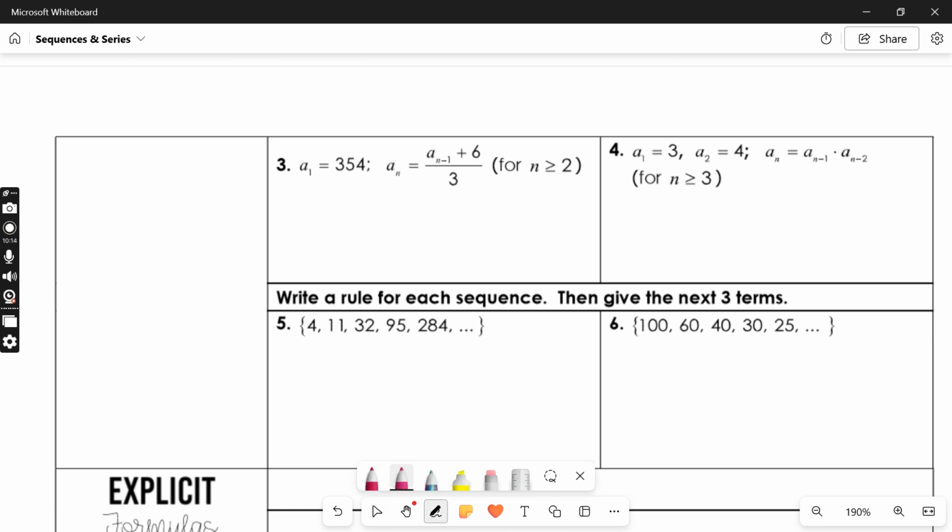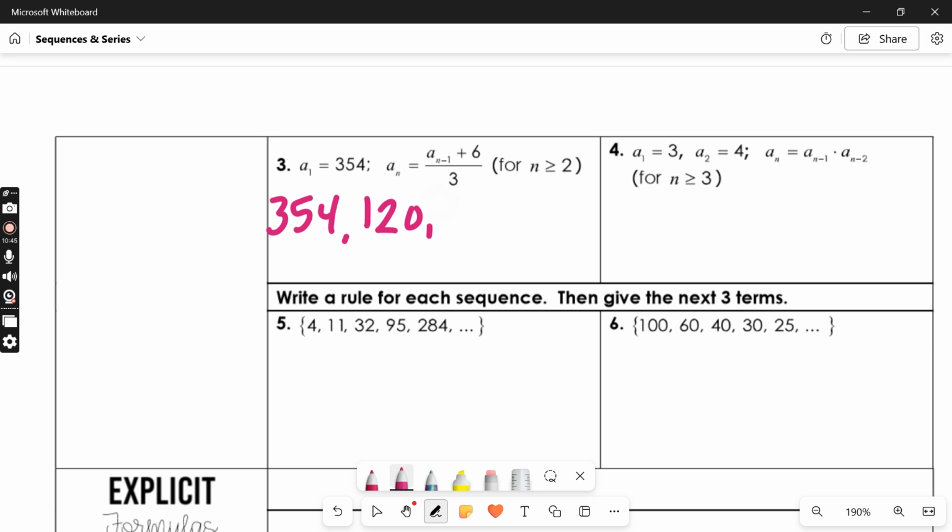Alright, so our first term is 354. We're going to add 6 and then divide by 3. Okay, so 354 plus 6 would be 360. Divided by 3 would be 120. 120 plus 6 is 126.